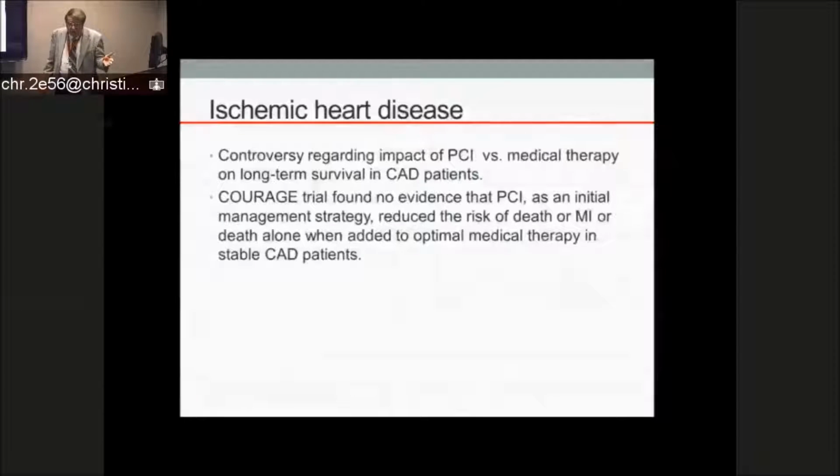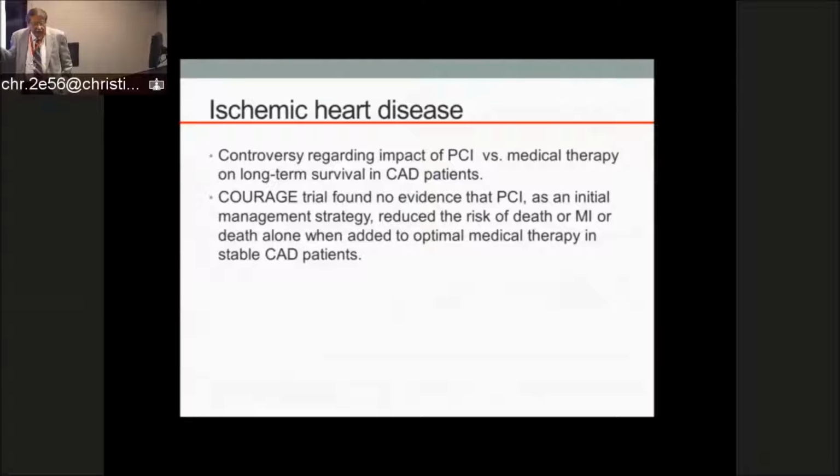And actually, Dr. Weintraub was one of the people at the center of this controversy. So, in the late 1990s, I think it was, they started the COURAGE trial. The COURAGE trial looked at PCI versus medical therapy.